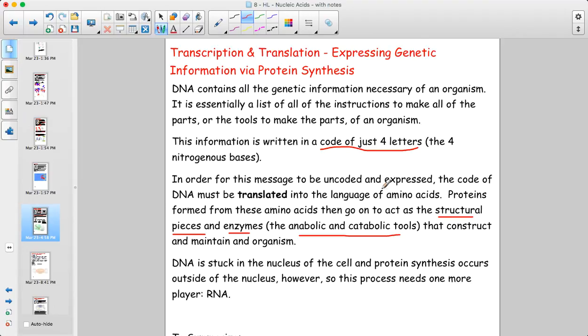While it starts off as just letters on a page, those letters then get translated into actually building a bed or building a chair. So in this case, we've got this code of letters of nitrogenous bases, but then as that gets read, it gets turned into proteins, and the proteins are the ones that then go out and build everything and work on everything in the body.